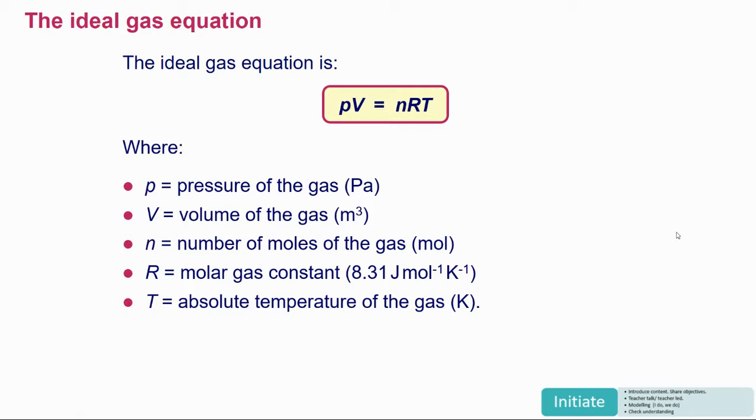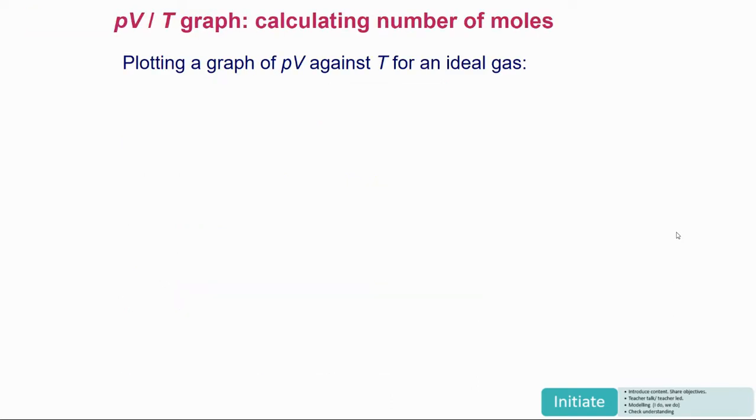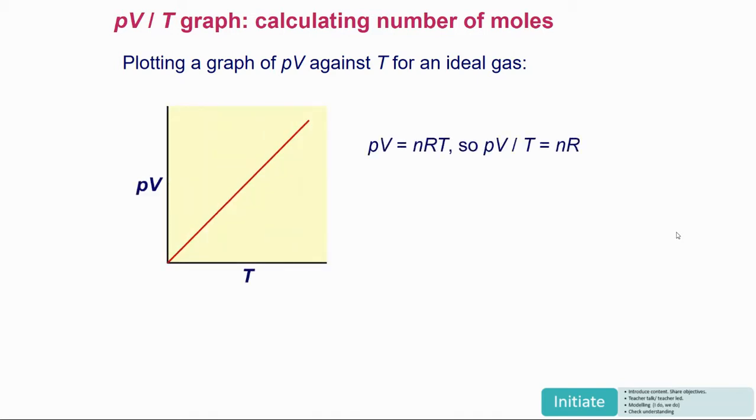Okay. That equation we can apply. Before we do that though, let's have a look. We can actually take that equation and plot a graph of PV over T, and that will tell us what this gas constant is. Because we know that PV equals nRT, that follows the form of y equals mx from your GCSE maths, where m is the gradient.